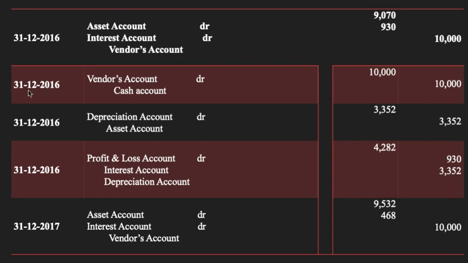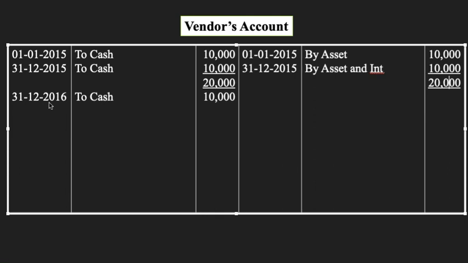Now again here on 31st 12 2016 we have vendors account debit to cash account. So we are going to take the same amount of 10,000 rupees and debit it on the vendors account on the debit side. Fine. So we have here on 31st 12 2016 to cash 10,000 rupees, right? And again on the credit side we are going to write down by asset and interest on 31st 12 2016.